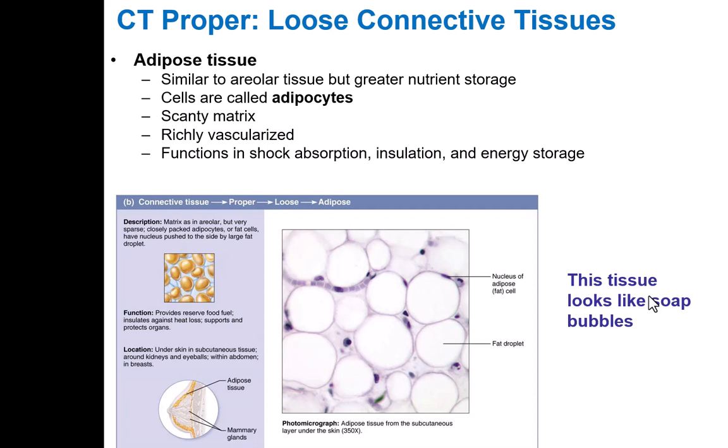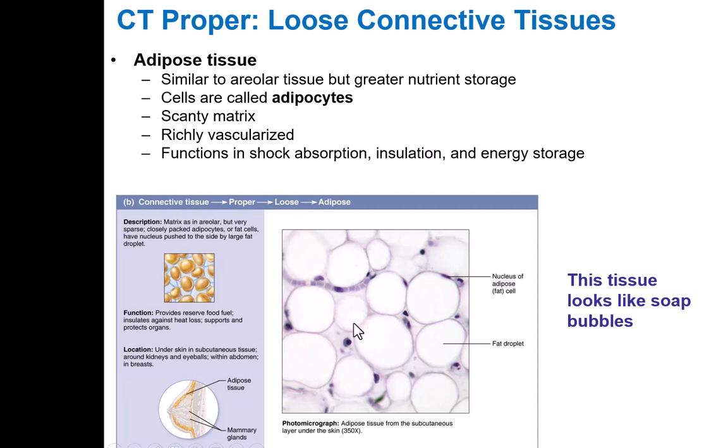This is one of those connective tissues that in this picture that you're looking at right now, you can see that there's space in between these cells. It doesn't always look like that. Often these cells are jam-packed together and you could argue, oh, those are just cells. It's connective tissue. But the reason it's not is because the way these cells are made, they look like soap bubbles. And in fact, what is really in these cells?